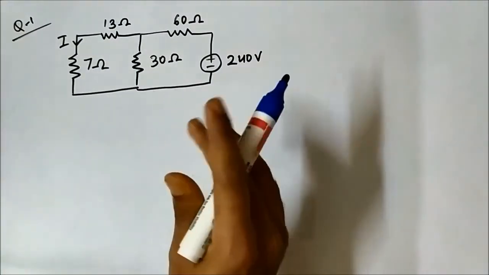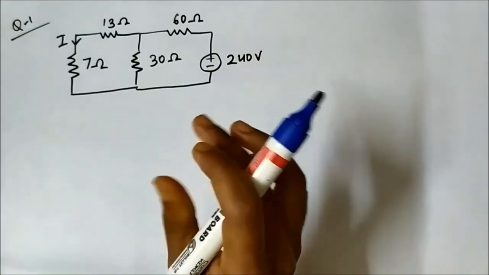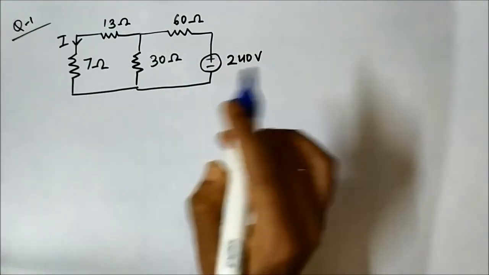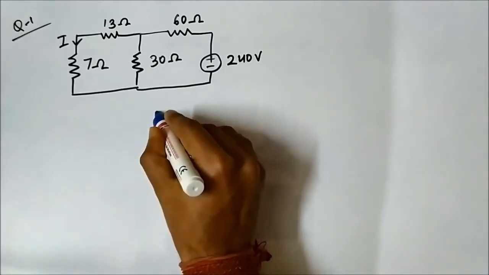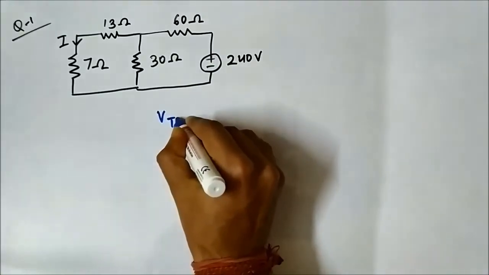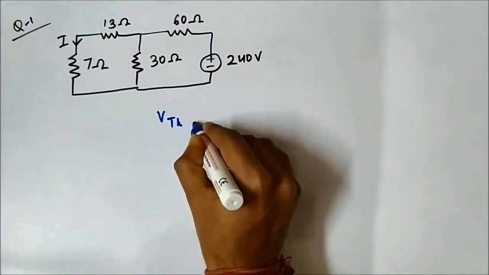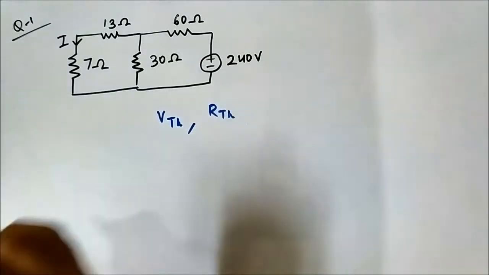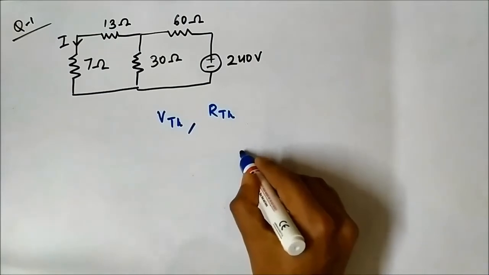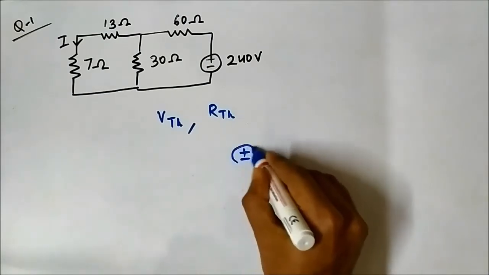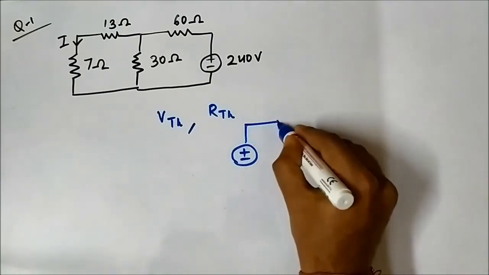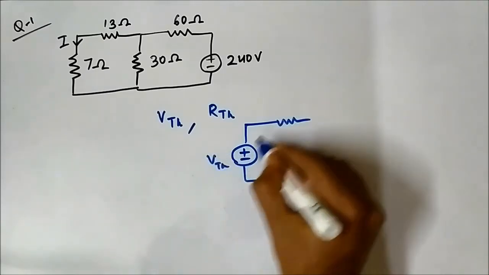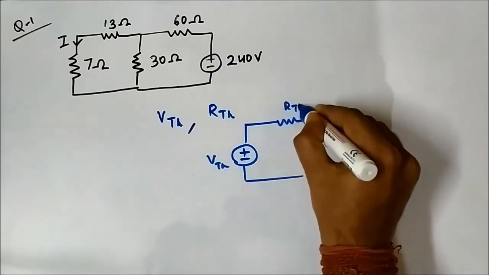So Thevenin's theorem application requires 2 important things to be determined. First is the Thevenin's voltage, second is the Thevenin resistance. Only then we can form this circuit, VTH, RTH.